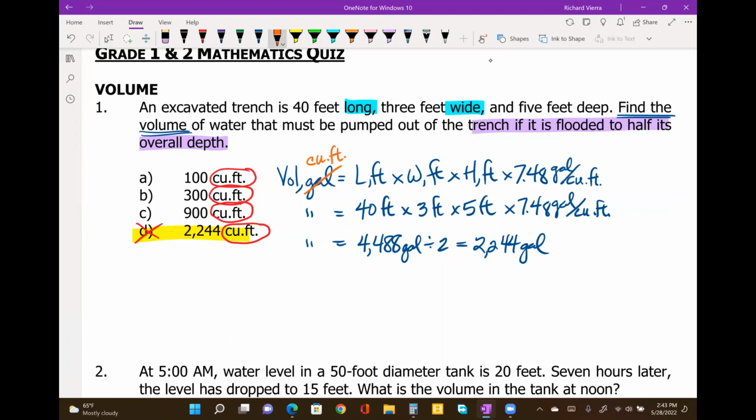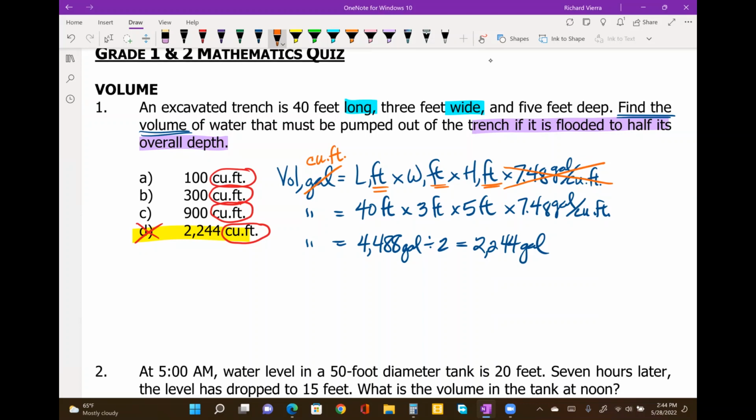Now, in this case, that means we need to leave off the conversion factor, because that conversion factor changes the amount of cubic feet that we get when we multiply these three dimensions, all in feet, changes that volume in cubic feet to a volume in gallons. But all our answers are given as cubic feet this time, so we don't need that 7.48.